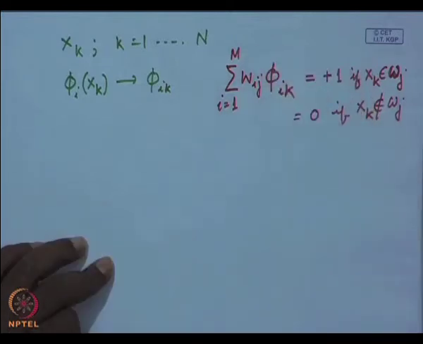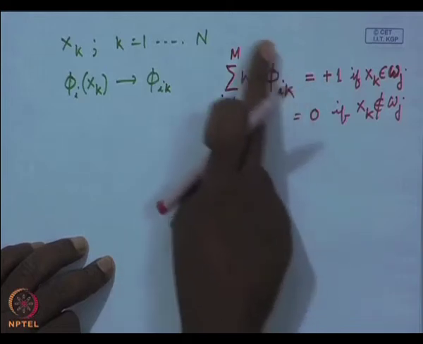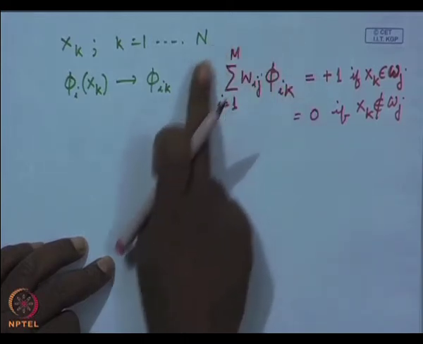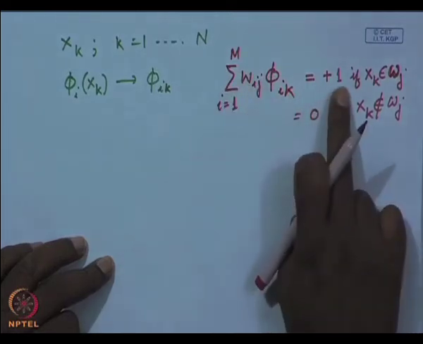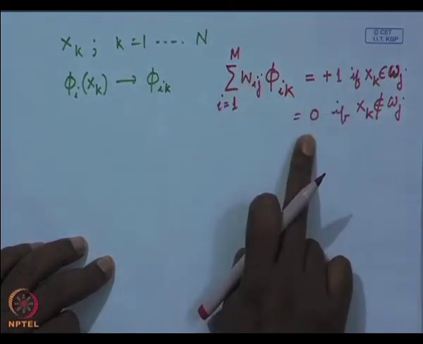So, this is the output that I expect. For every x k I have such a linear equation, that this summation will be either plus 1 or 0.